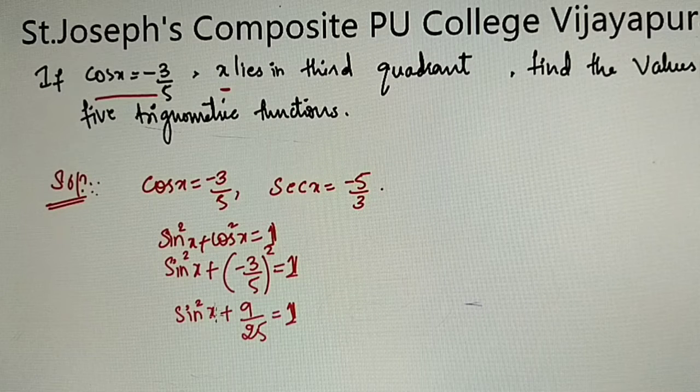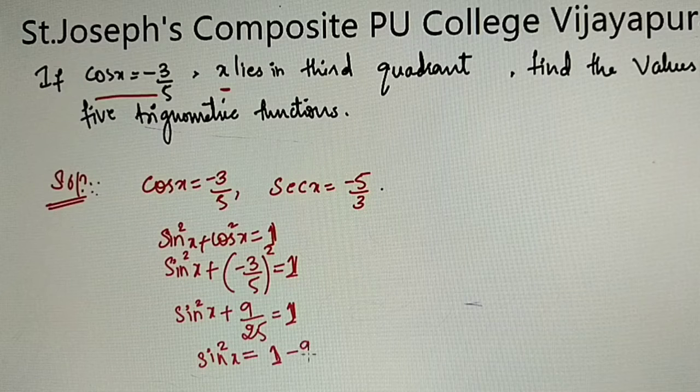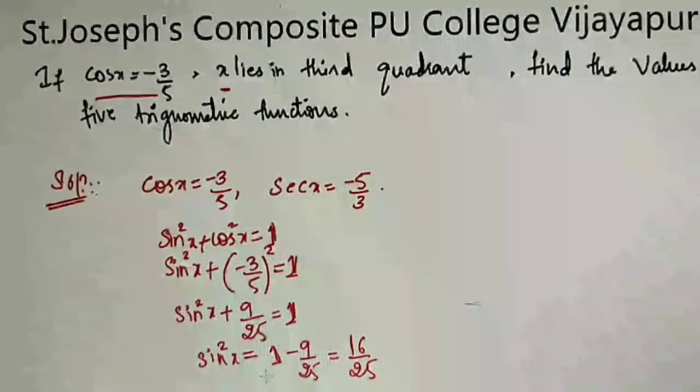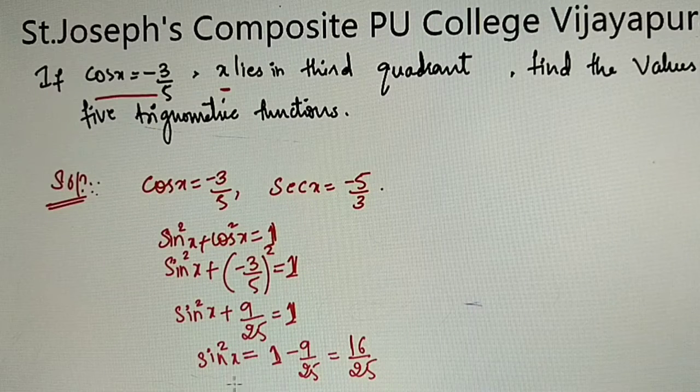So I want the sin x, so keep this one here. So sin square x is equal to, take this 9 by 25 to the right side, becomes minus, so 1 minus 9 by 25. Here the LCM is 25, so 25 minus 9 we get 16 by 25. This is the value of sin square x, but I want the sin x value.